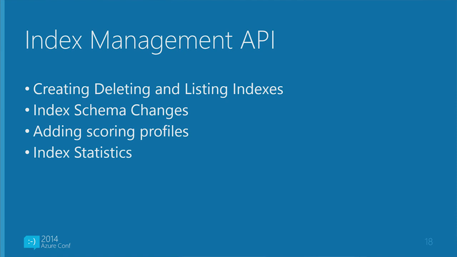I mentioned that index schema changes are allowed, but there are currently a few restrictions there. For example, you cannot change the schema if that schema is going to result in a re-indexing. So if you try to change your schema in that way, you are going to get a bad request response from the search service.